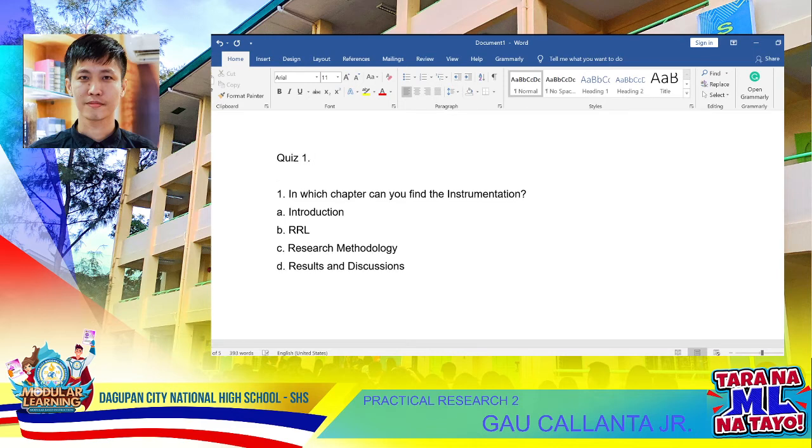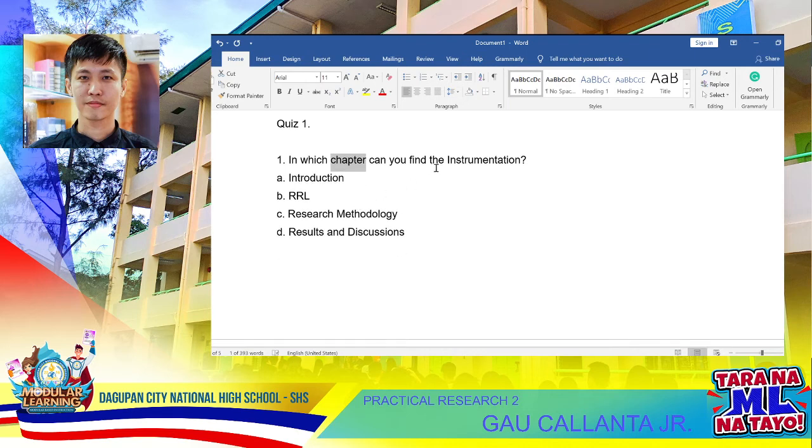In which chapter can you find the instrumentation? Okay. Which chapter? We have 5 chapters, okay? But that depends on other institutions. They have 4. But here, we're using the 5-chapter thesis.